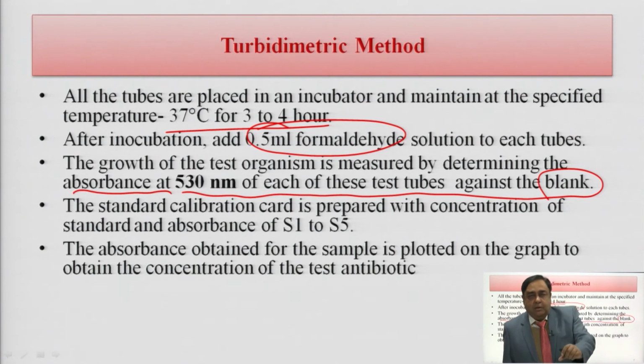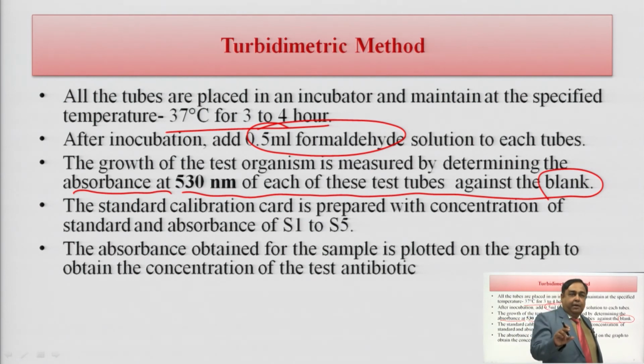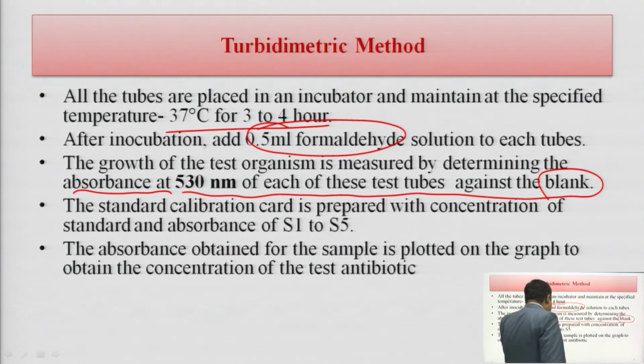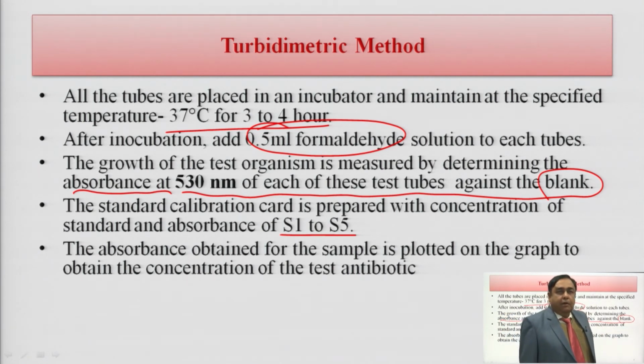Initially you set the spectrophotometer reading adjusted at 530 nanometer with the blank, and then one by one you measure the value of absorbance for S1 to S5, and also you measure for the S sample. Now, you will be getting a graph.